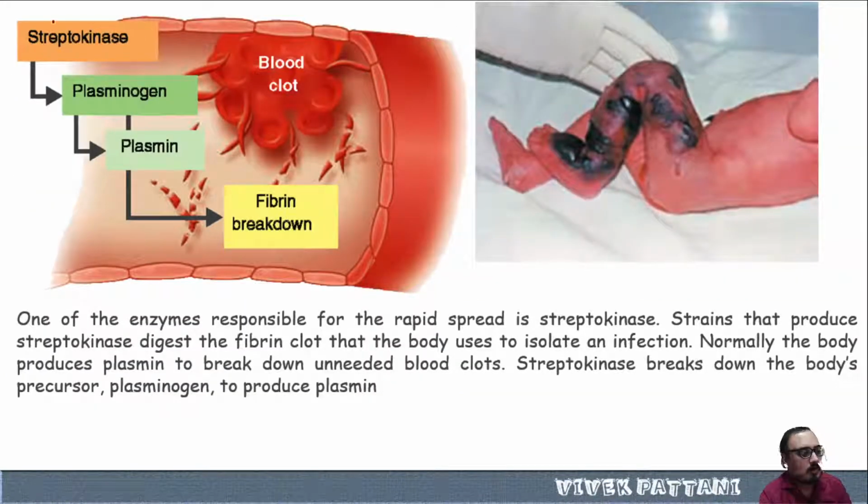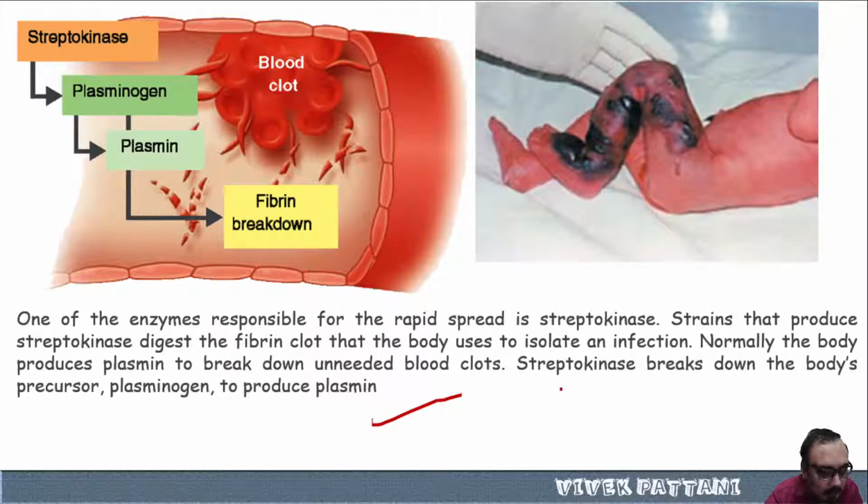Now please have a look here. One of the enzymes responsible for the rapid spread is streptokinase. Strains that produce streptokinase digest the fibrin clot that the body uses to isolate an infection. Normally, the body produces plasmin to break down unneeded blood clots.